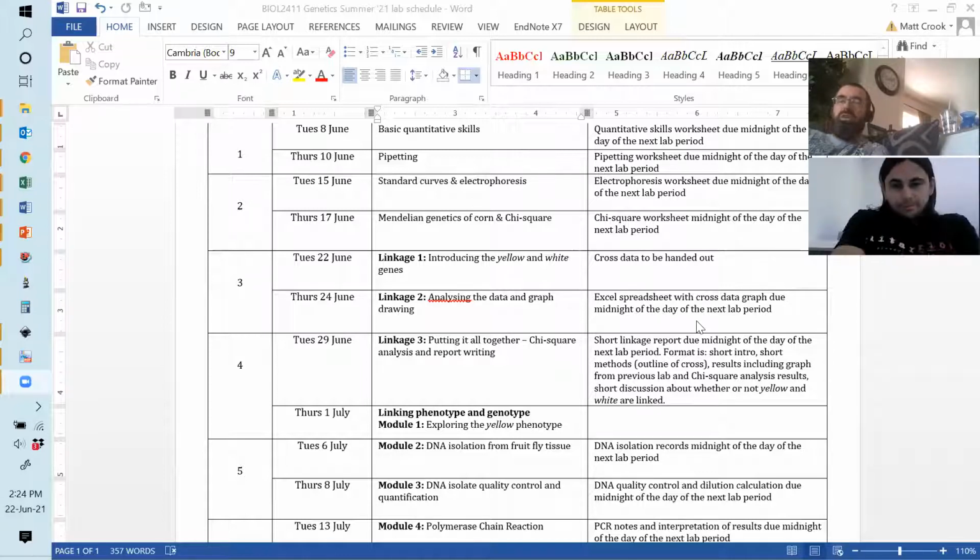So usually the due dates are the midnight, the lab following. So it's still sticking to that kind of format to give you time to A, do it, and B, ask questions in the following lab. And then in next Tuesday's lab, so a week from today, we will go through the chi-square analysis again, just because it doesn't hurt to do so.